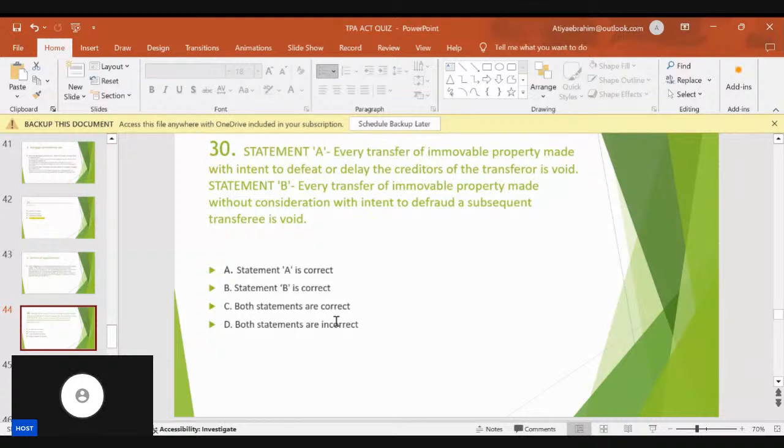So which statement is correct? A, B, or both correct, or both incorrect? Whichever is correct, you tell me. Read both the statements to question number 30 and tell me the answer.